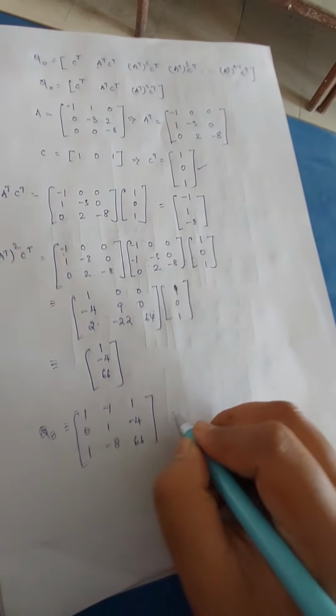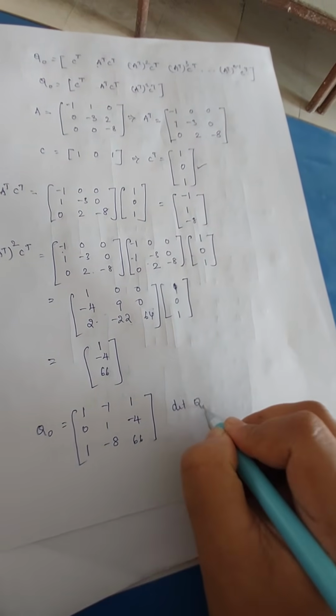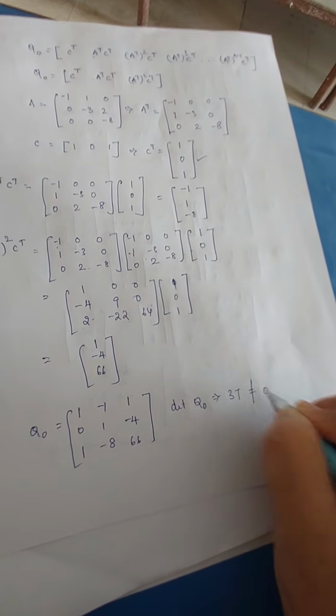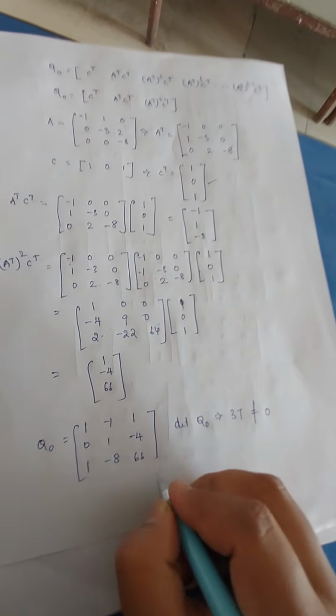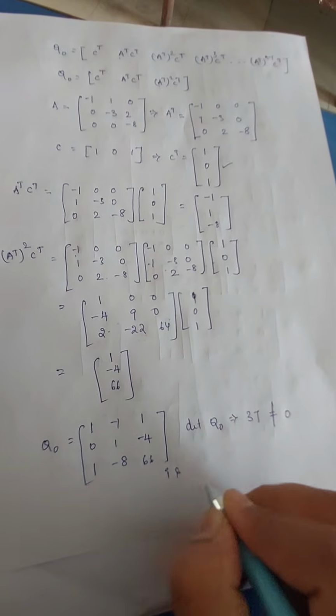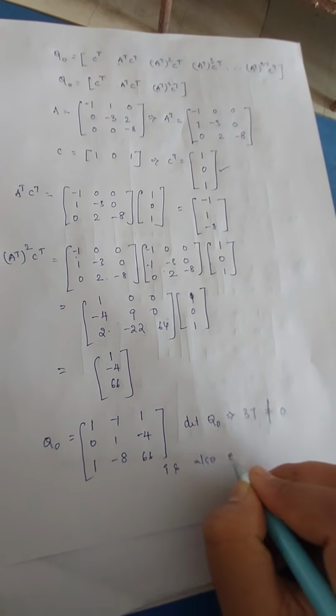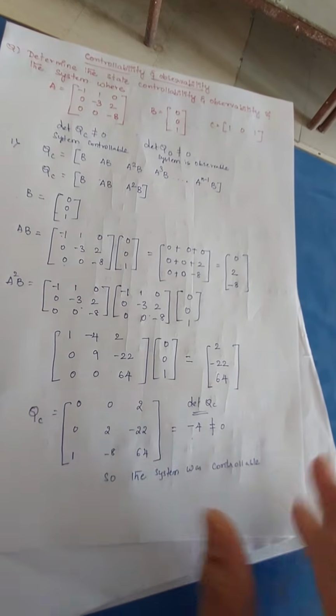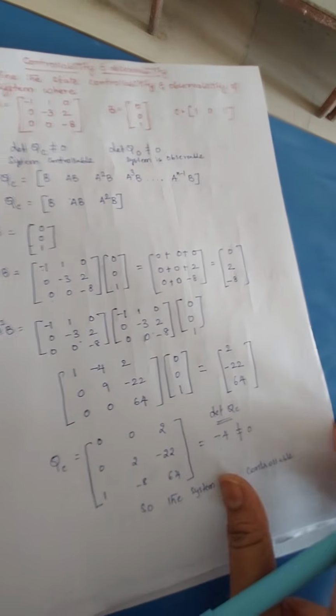If you find the determinant of this Q naught, it is 37, which is also not equal to 0. So the given system is also observable. So for the given problem, the system is both controllable as well as observable. Thank you.